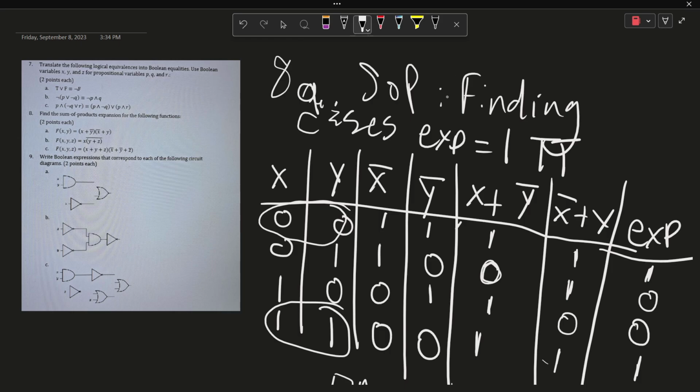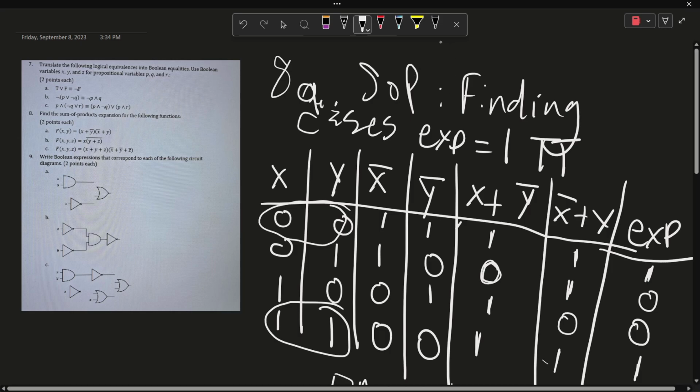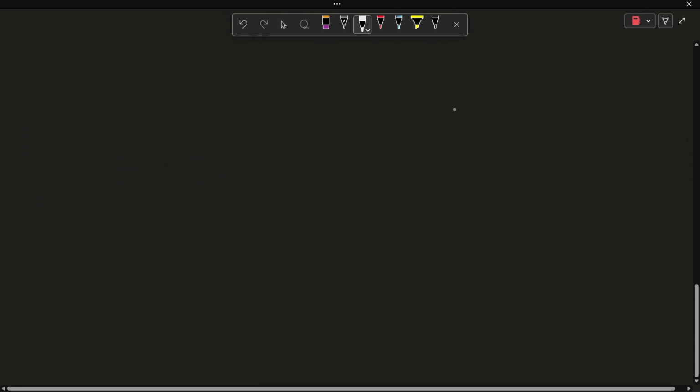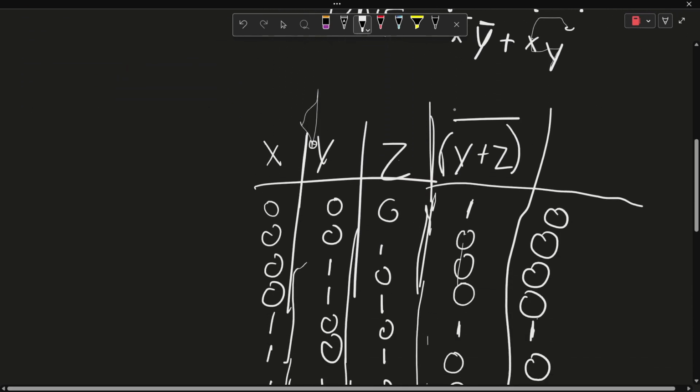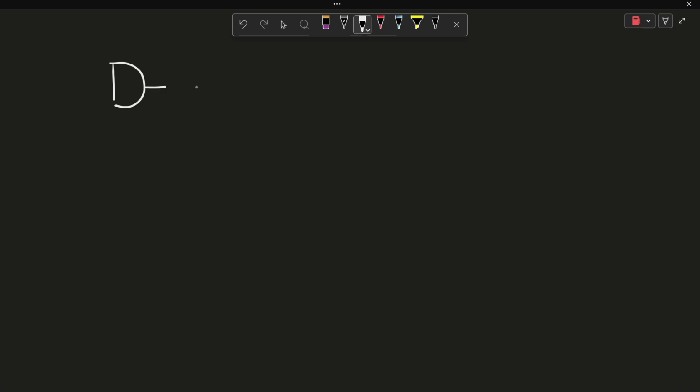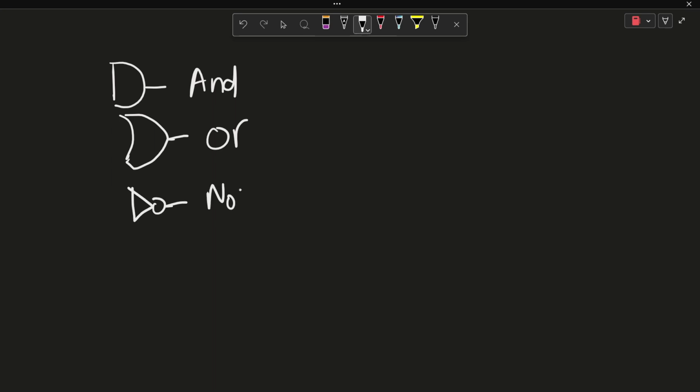So moving on to these logic gates. As you should know already, that is an AND. That is an OR. And this is a NOT.